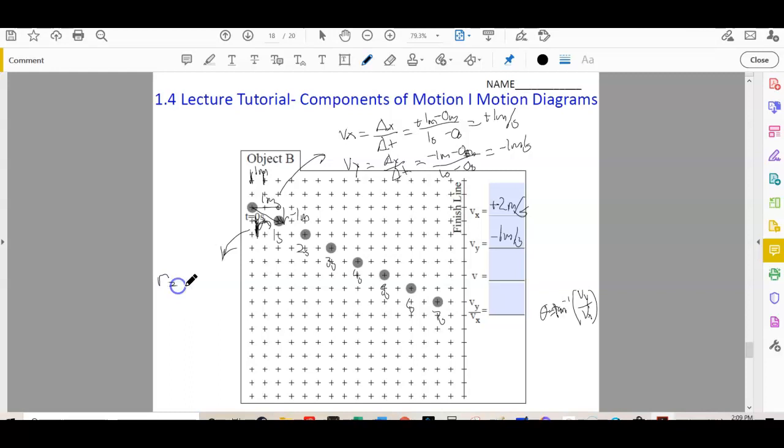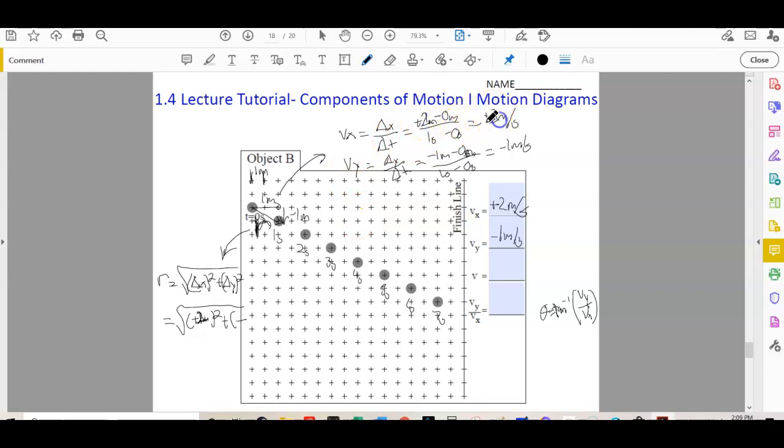So r is going to be equal to its displacement in the x direction squared plus its displacement in the y direction squared, right? Well, that is going to be the square root of positive 1 meter squared plus positive 2 meters, which, dang it, I did it again up here.